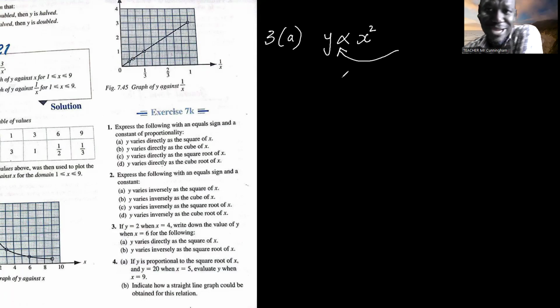Directly proportional, sir. Directly proportional. So y varies directly as x squared.